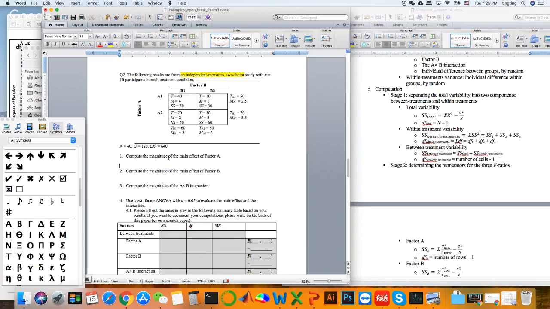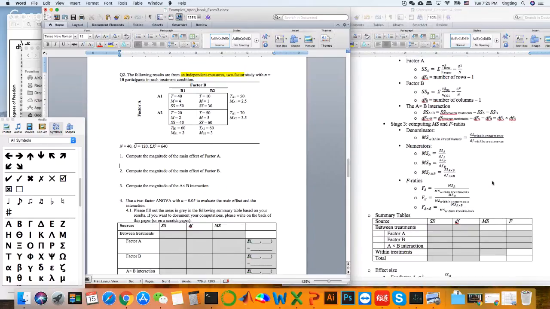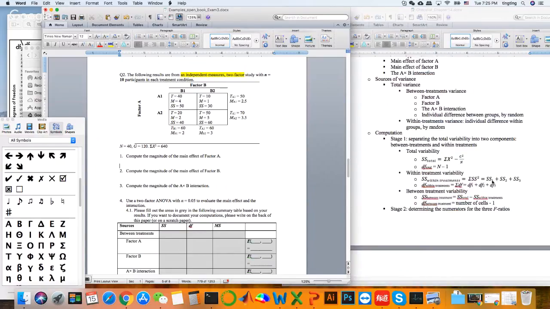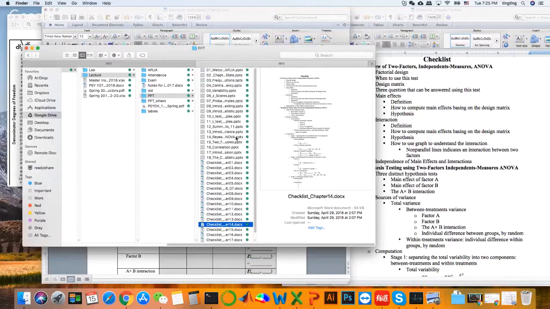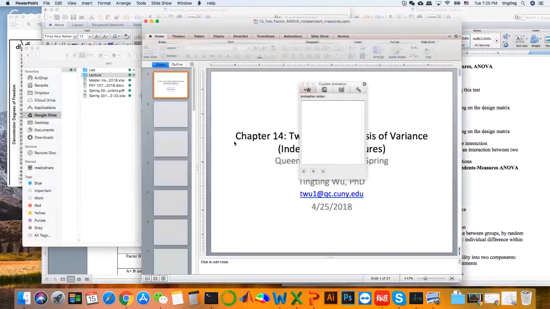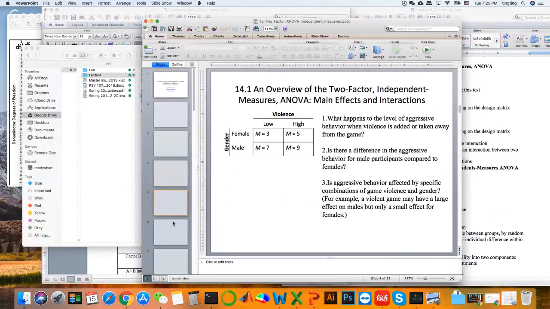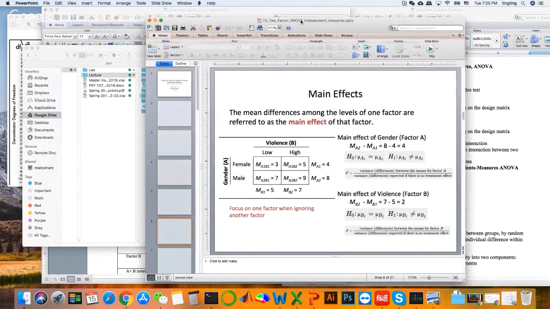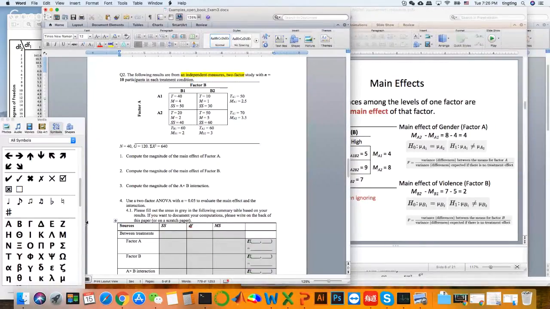So the first question, right, is to compute the main effect of factor A. I don't have this one documented, so let's check our slides. Chapter 15. Here. How to compute the main effect, the magnitude.